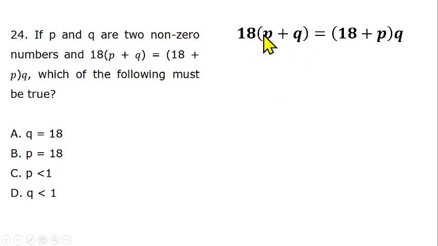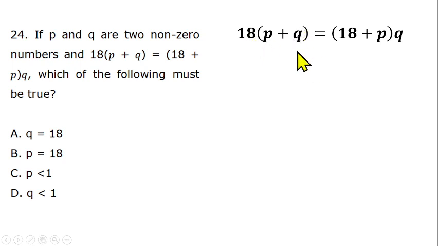Now if you look at it critically, if our Q is 18, then we are having 18 here. If you open the bracket, you'll be having 18P plus 18 times 18.